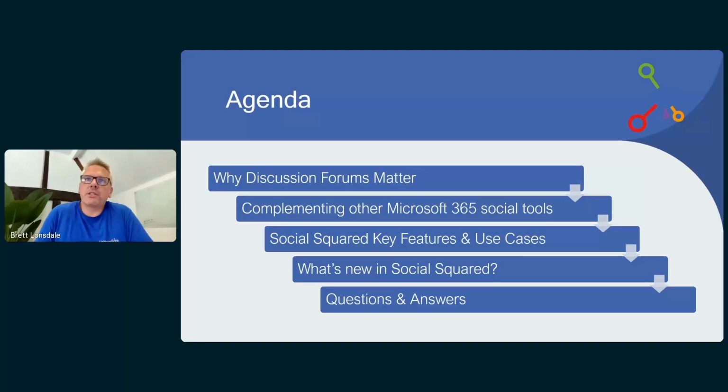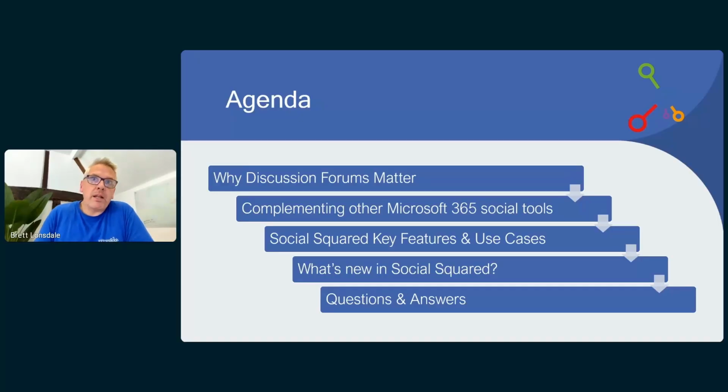And then we're also going to have a quick comparison with some of the other Microsoft 365 social tools. And that's not just to say Social Squared is doing this better or anything like that. It actually complements some of these tools as well. The types of discussions that you might have inside of Social Squared are often different to what you might be having inside of Teams chat, on email, or also in something like Viva Engage.